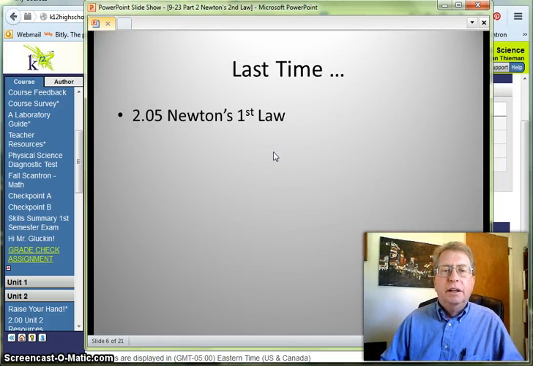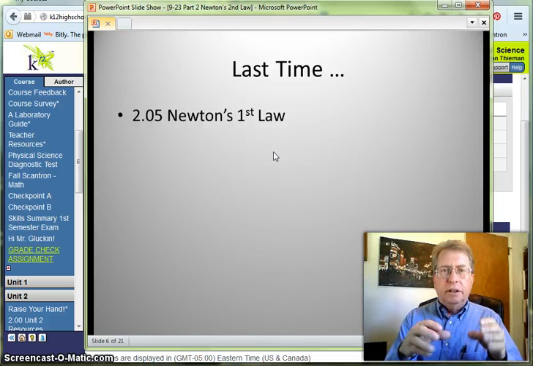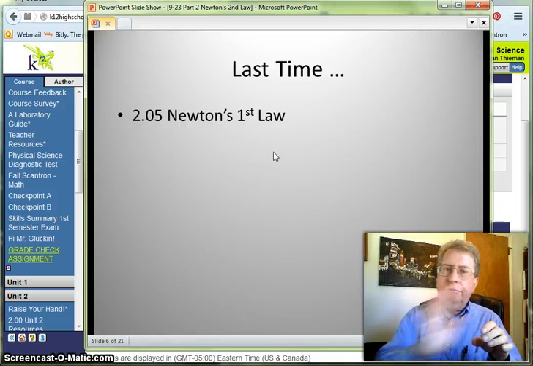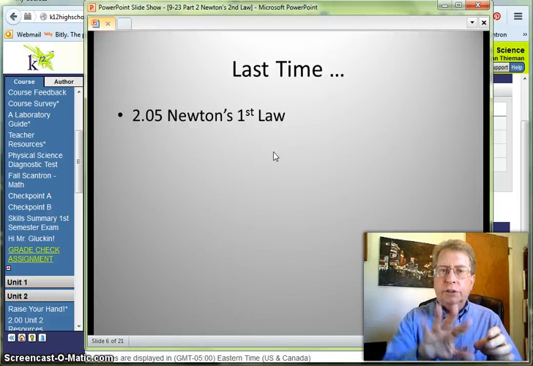Last time we talked about Newton's first law of motion. That's the idea that an object that's at rest, or an object that's not moving, is not going to move unless a force acts on it. And an object that is moving is going to keep going in a straight line in the same direction at the same velocity unless a force acts on it.